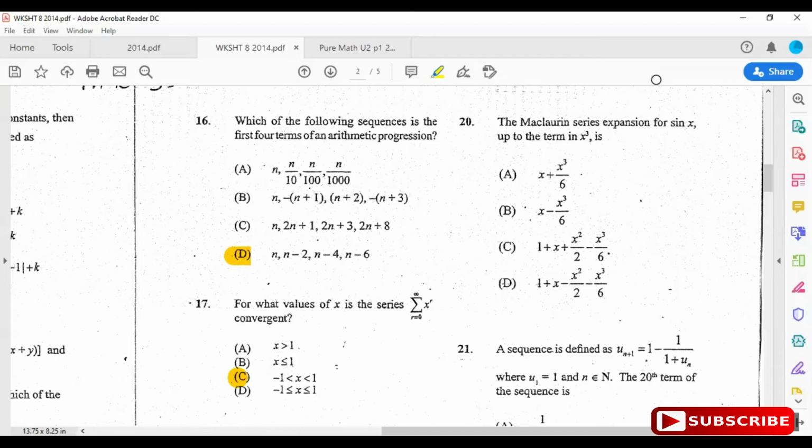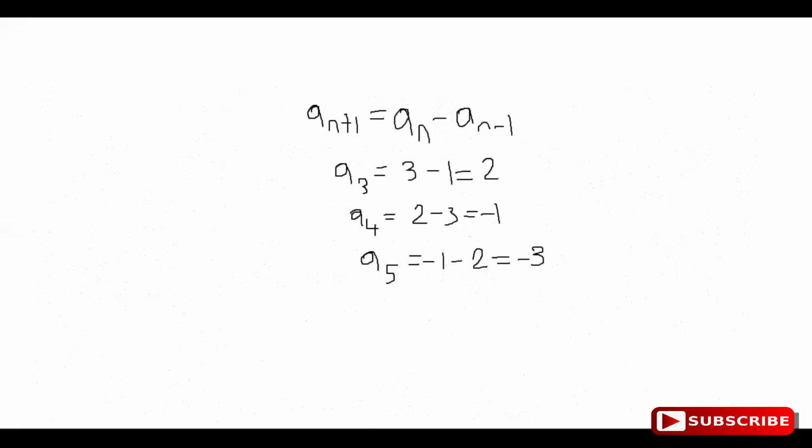So now question 20. It says we have the Maclaurin series expansion for sine x. So what's the Maclaurin series expansion for sine x? Sir, f of x is equal to f of 0 plus f prime of 0 over 1 factorial times x plus f double prime of 0 over 2 factorial times x squared. Very good.